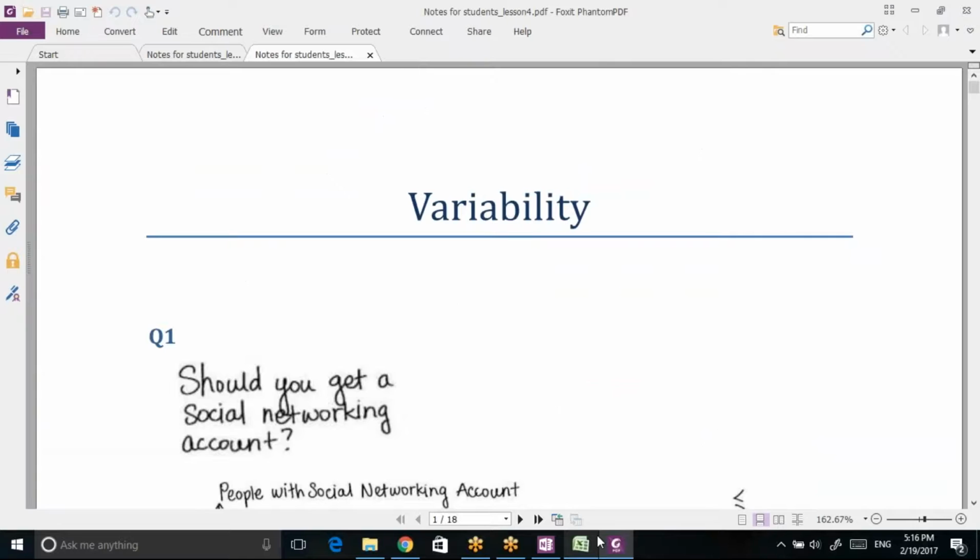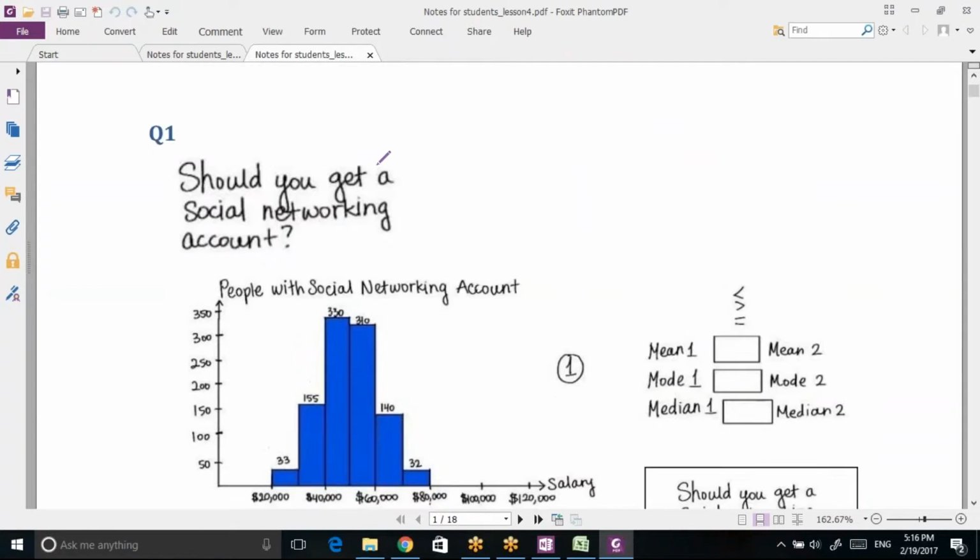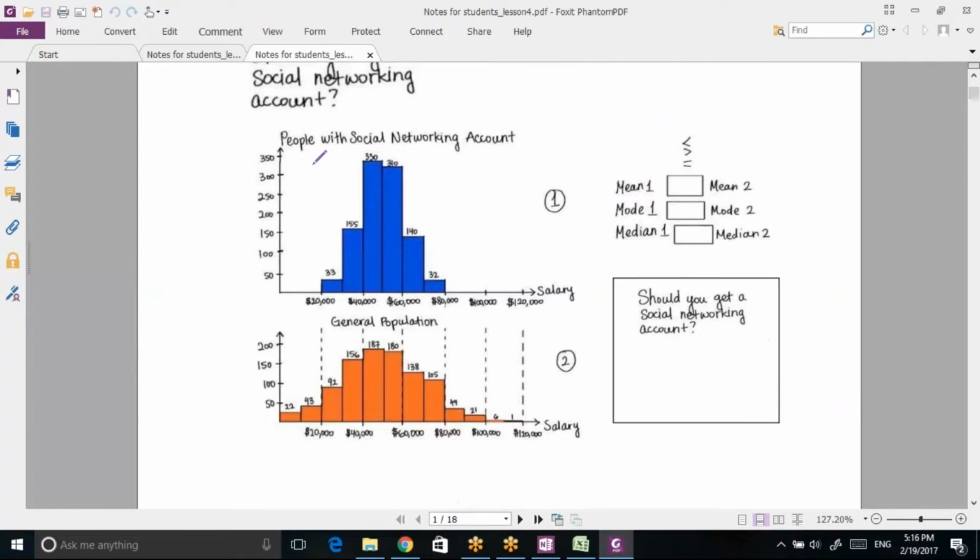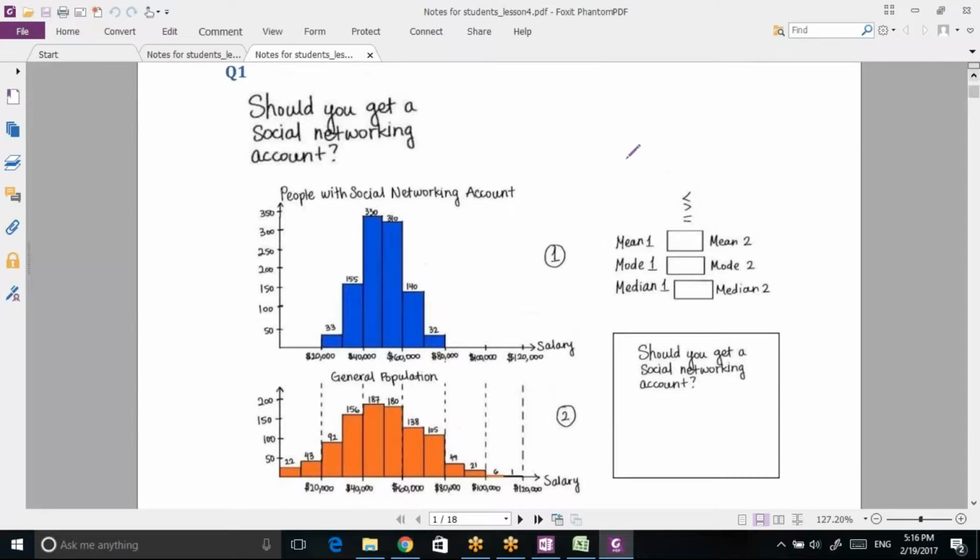Okay, now let's take an example. The question here is, should you get a social networking account? A person X wanted to take a social networking account, but he decided he will only take it if the people with social networking accounts have a higher salary compared to the general population.